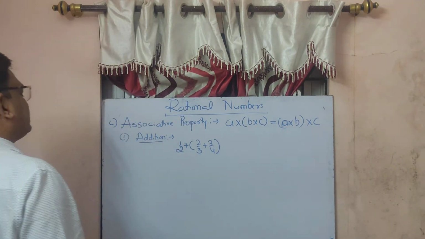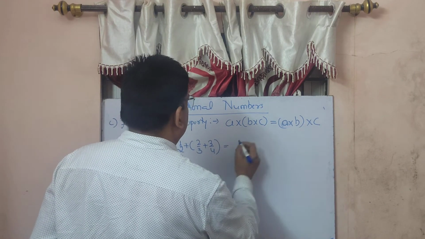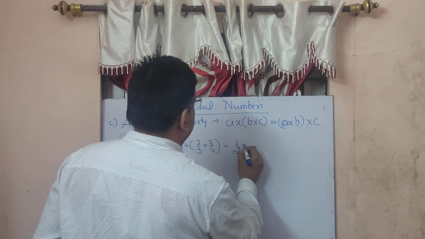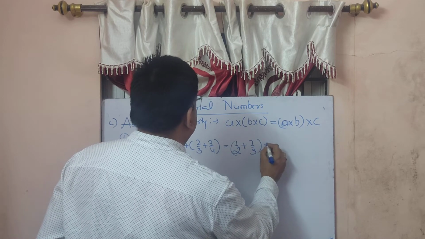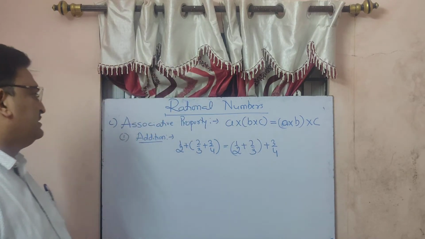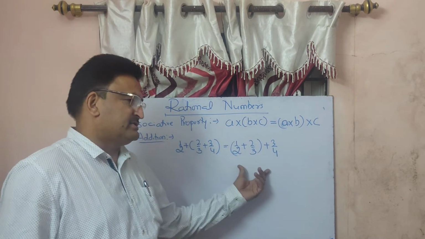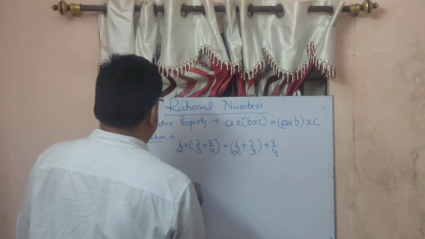Now the next one again, 1 upon 2 plus 2 upon 3 plus 3 upon 4. Now let us check it. LHS equal to RHS. Now first start from LHS.